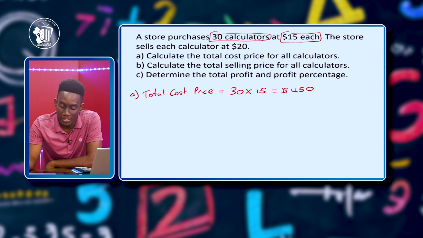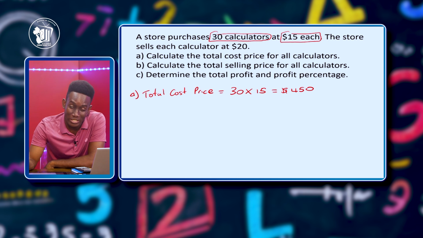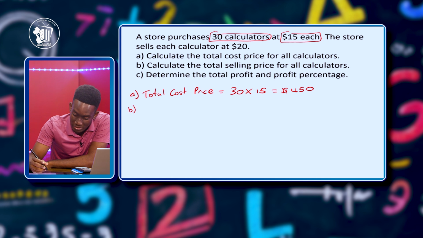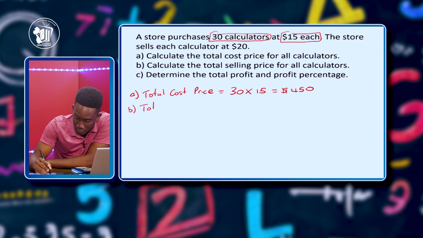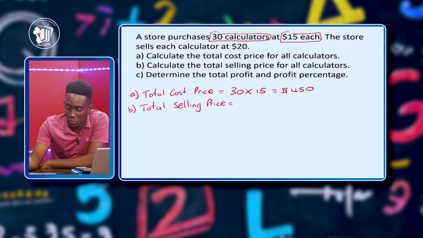The next thing they want, calculate the total selling price for all calculators. So the total selling price would be the 30 calculators multiplied by the $20. And this will give us a total price of $600.